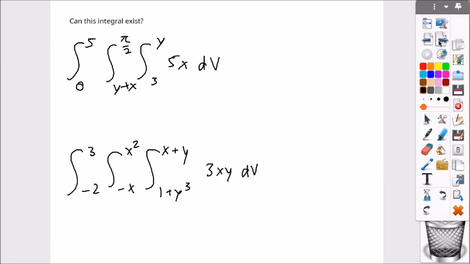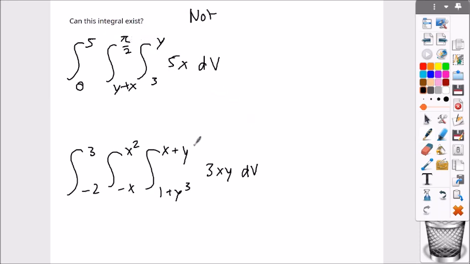That's ridiculous. All right, so conceptual check. Can these integrals exist? I'll give you guys like 10 seconds to think on whether or not these integrals would be possible. 10, 9, 8, 7, 6, 5, 4, 3, 2, 1. You can pause if you want more time. But this integral is not possible no matter what dV you get, no matter if you have dx dy dz, or dy dz dx, or dz dy dx.